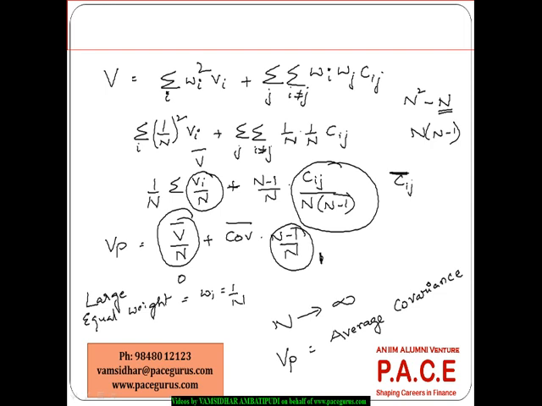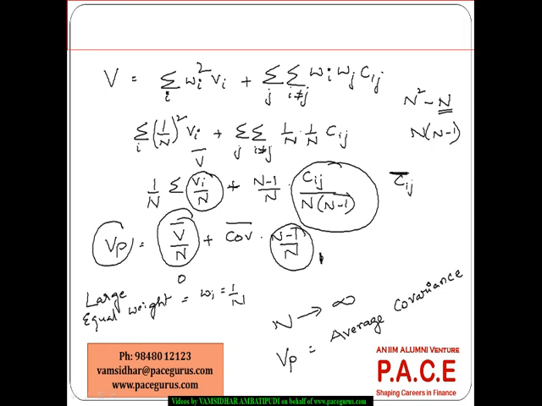But from the covariance perspective, at least it is becoming equal to the average covariances, which means I'm able to diversify drastically. Even if some kind of correlation and covariances exist, as I add more and more securities to the portfolio, the individual risk of the securities is completely getting diversified away. The total risk, at least the individual variance component, is becoming 0, but some portion is associated with the covariance part.